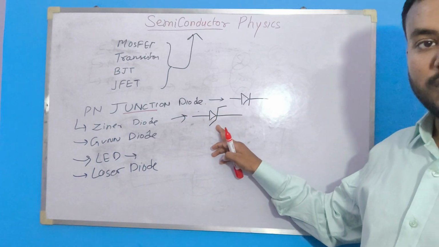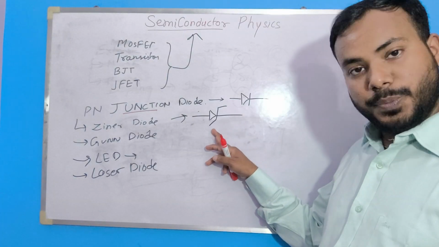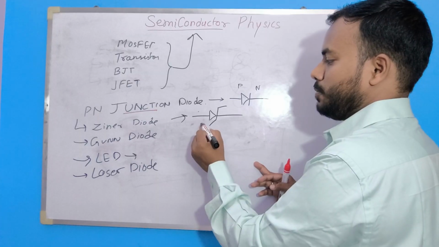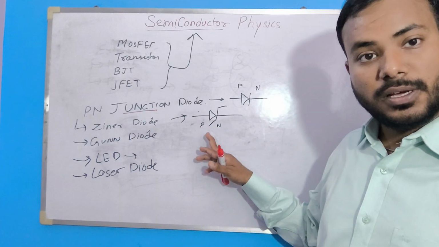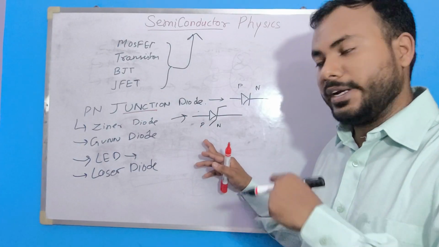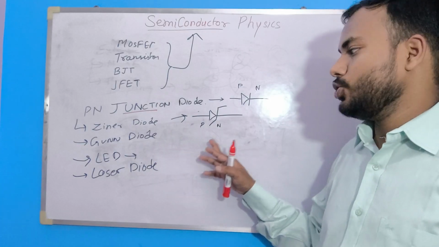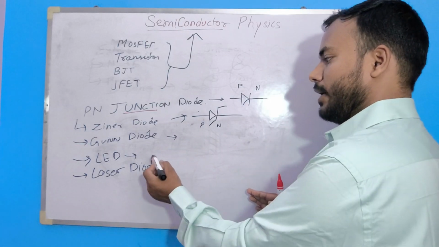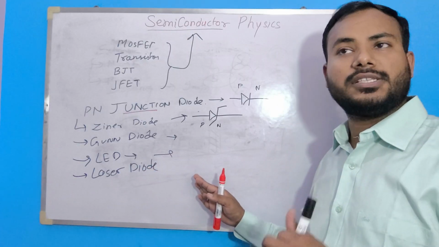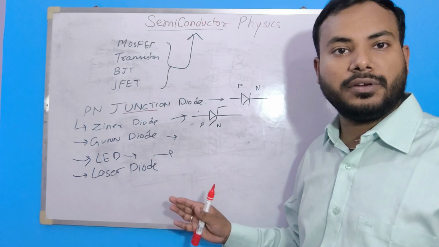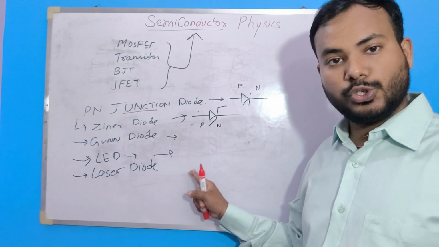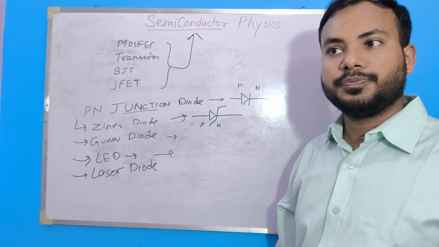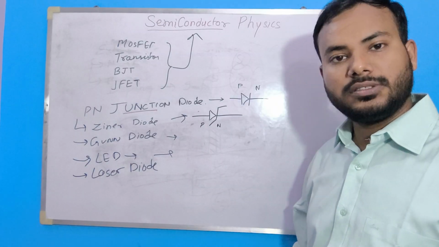This is the P side, this is the N side. Here the N side is heavily doped, that's why the semiconductor properties change. And we have the Gunn diode, it's also a different diode. And LEDs are also different, as we can see in our homes and everyday life. LEDs are the most used diode everywhere, and laser diodes we will use in remotes and different applications.